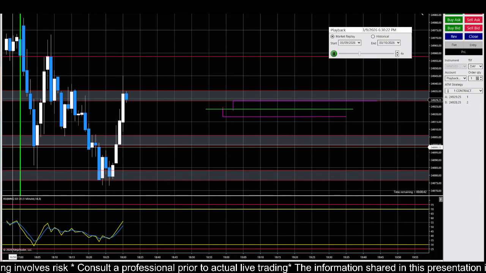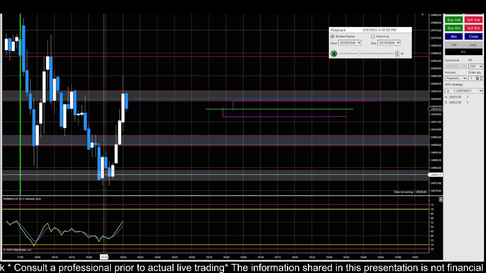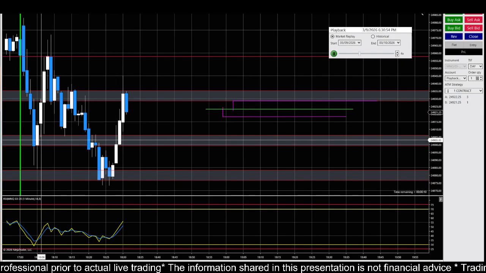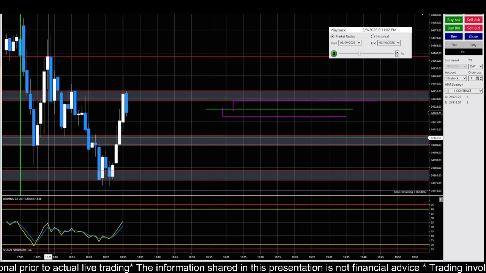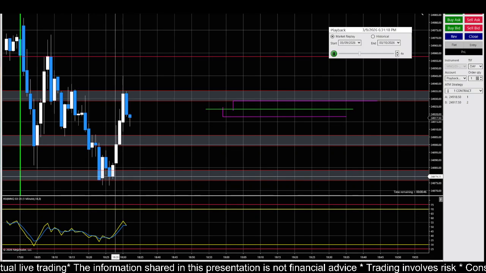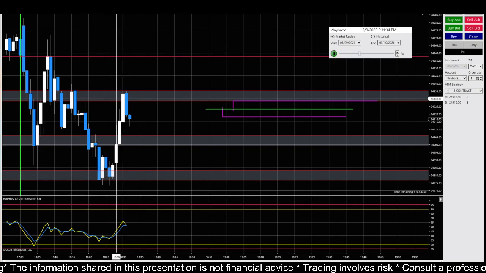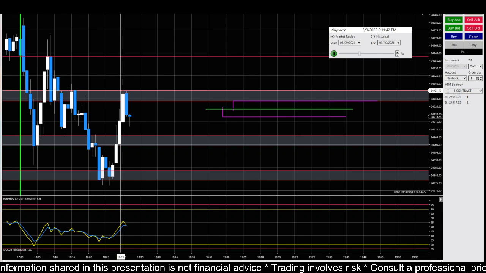It pushed beyond the first brick wall, but it got down here and they said, no, we want to buy here. Okay, it's cheaper here than it was before. So if we like buying down here, we certainly like to buy down here because the price is cheaper. So they started buying again and they pushed the price up because of all that buying.